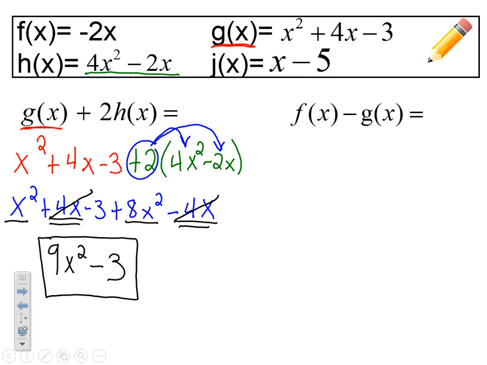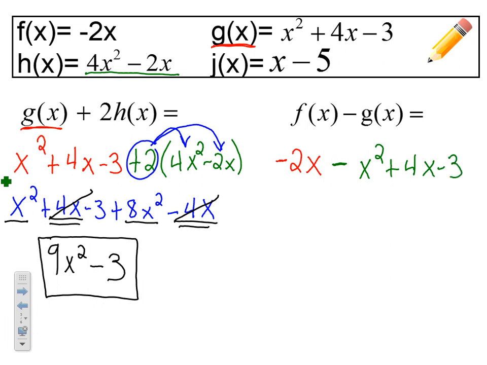So there's an example on addition. Now we're going to do an example on subtraction. If we look at this one, first we're going to start with f of x. Our f of x is negative 2x, so I plug that in there. Now we're going to have minus g of x, and my g of x is x squared plus 4x minus 3.